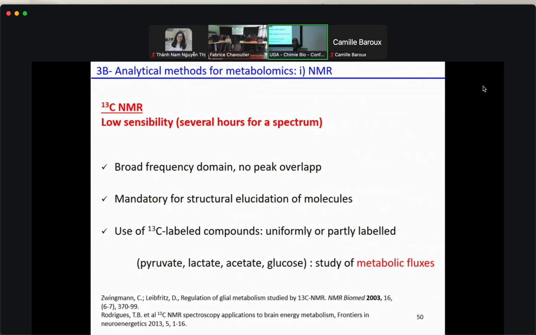Also, I don't know if you know the lactate shuttle theory. This is a theory which explains the functioning of astrocytes and neurons. With metabolic flux, people have understood that lactate is not a waste of cells. It is an energy product which is used by neurons, provided by astrocytes to neurons when they need energy.